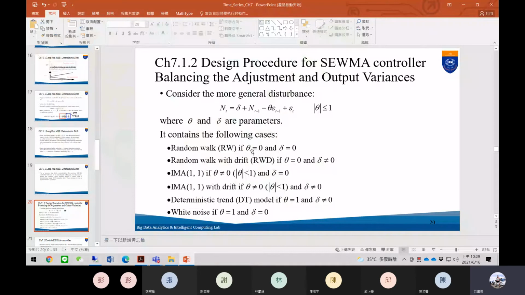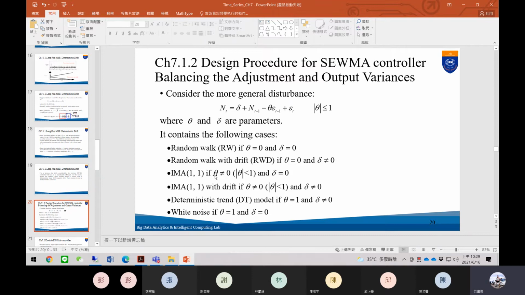So if no theta and no delta, N_t equals N_{t-1} plus epsilon_t is a random walk, like a drunken man walking out of the bar. And if theta is equal to 0, there's no moving average, and delta is not equal to 0, then this is a random walk plus deterministic drift, the random walk with drift, RWD.